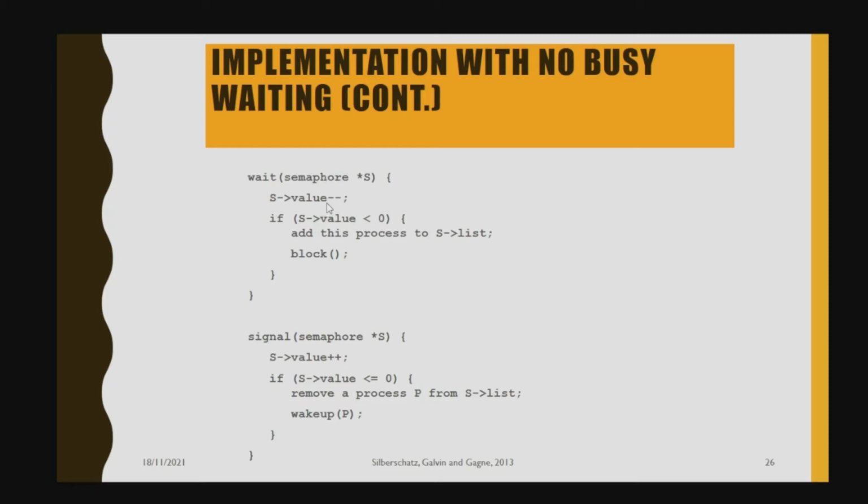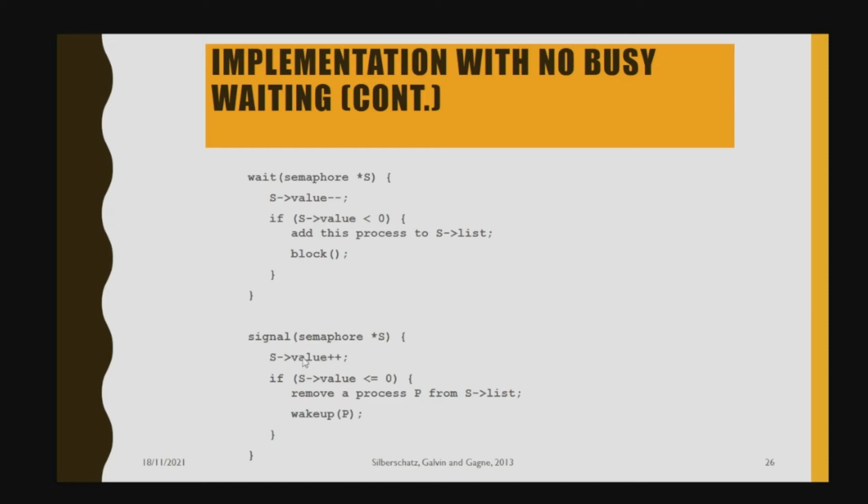If the value is less than 0, we add this process to the list and then call the block function.